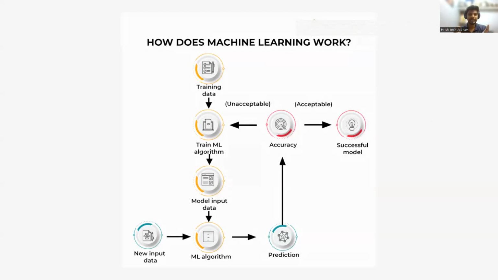First we take training data and we train the ML algorithm I mentioned before, and create a model according to that. After the model is created based on training data, we check its accuracy using the testing data we set aside from the start. If the accuracy is acceptable, the model is successful. If the accuracy is unacceptable, then the model again goes to training.